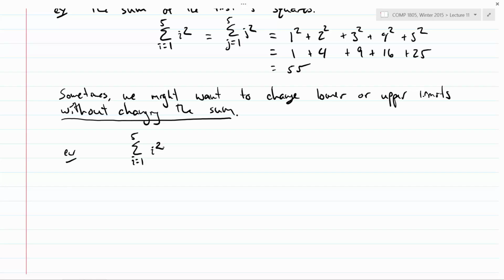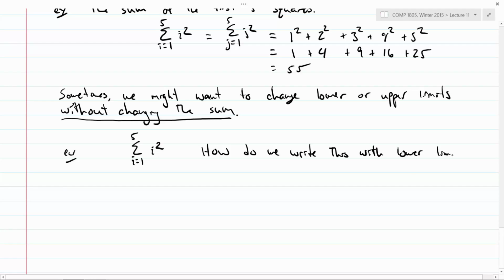But I'd like the sum to be the same. So how do we write this with lower limit 0 and upper limit 4?